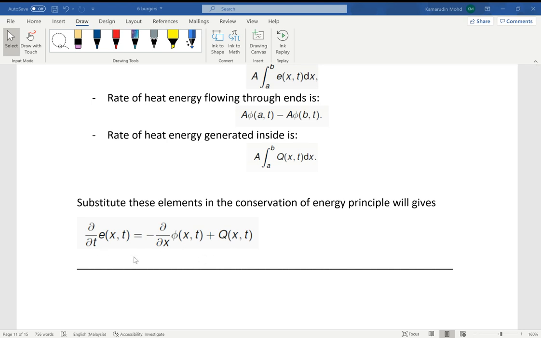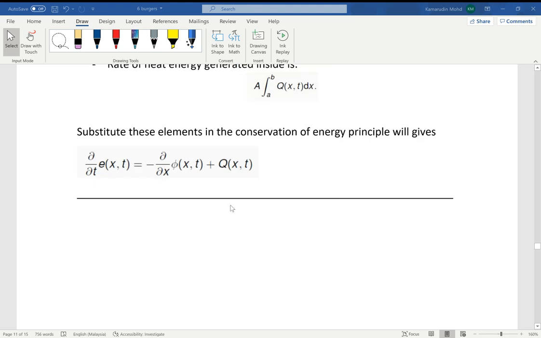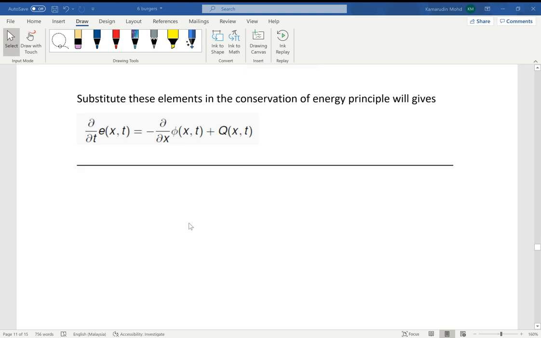The model at first is like this. It will consist of three dependent variables: the heat energy, the flux, and the heat energy generated. Below here I will show the substitution.